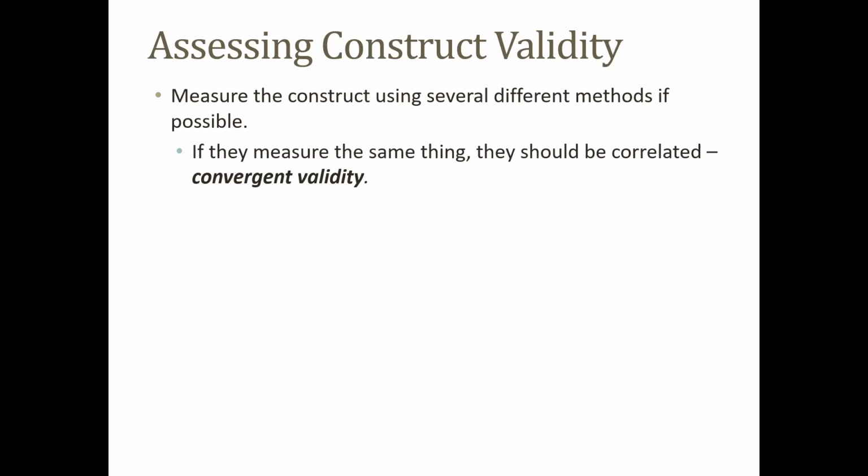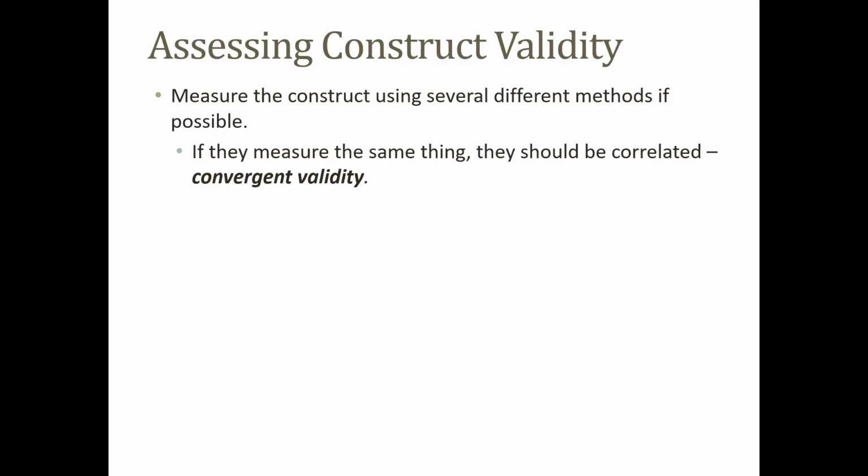There are several ways to achieve construct validity. It is difficult to really achieve construct validity in the sense that you may use several measures or different sets of measures or methods, if possible, to measure a construct.